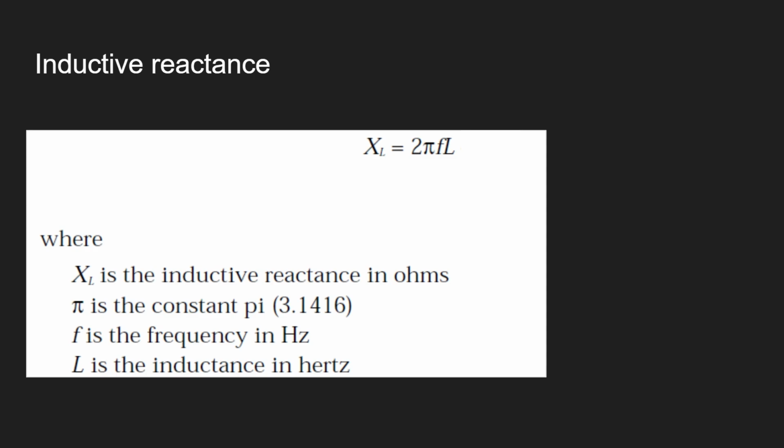The inductive reactance goes down when the frequency is very low. Thinking this way, if it is DC, it just acts like a piece of conductor, just a copper wire in solenoid form.